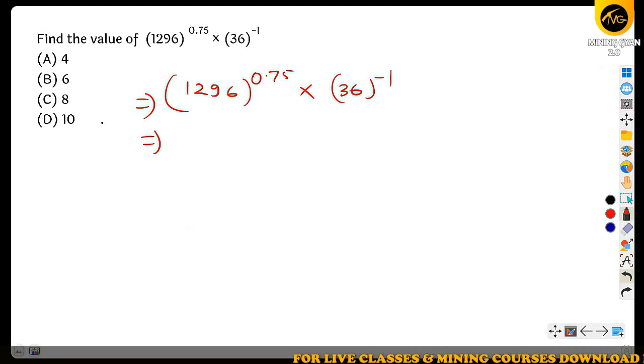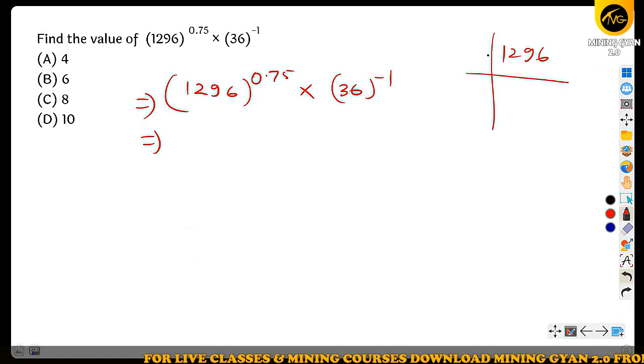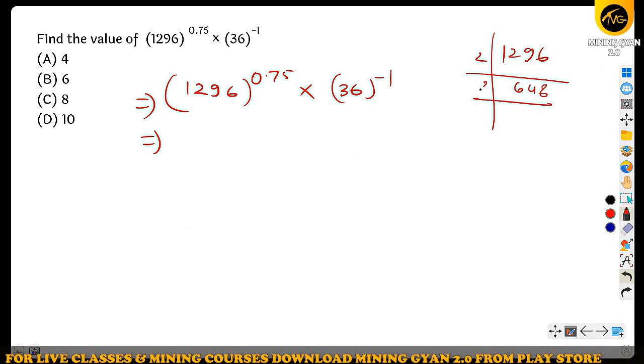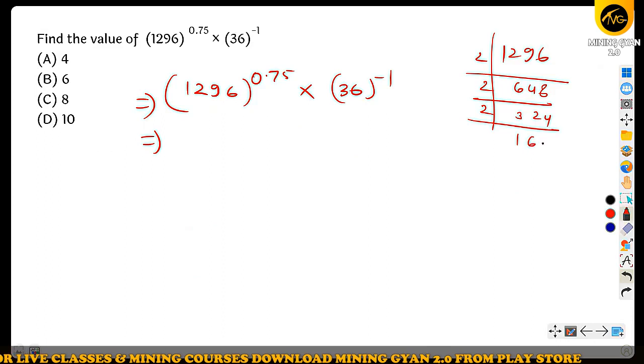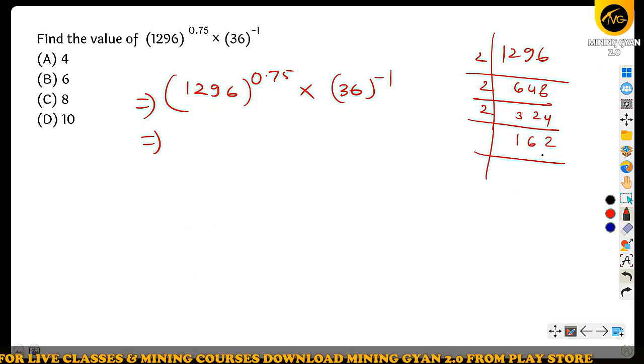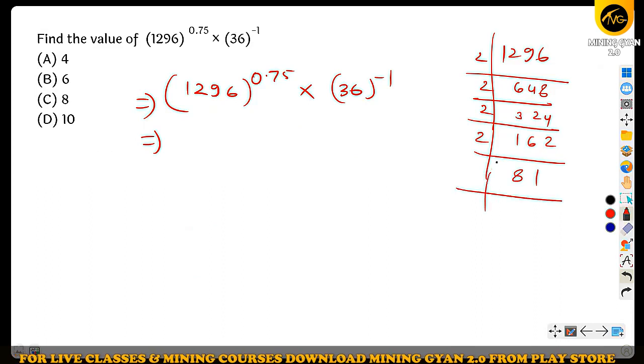So now if you break down the 1296, how to break down in its factors? 2, 6, 4 and 8. Now 2, 3, 2, 4, again 2, 1, 6 and 2, again 2, 8, 1, and now we can use 3 as a factor.